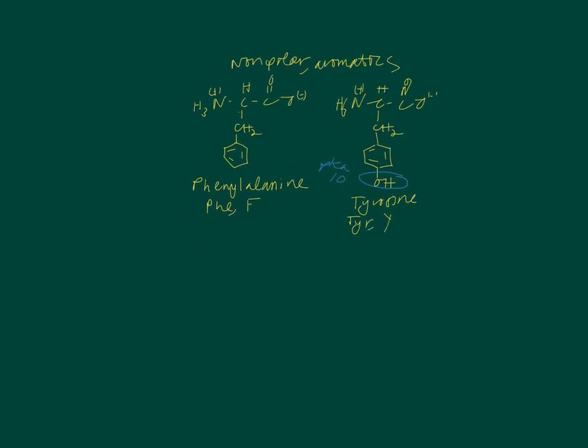Okay, and then the third nonpolar aromatic is probably one of the hardest amino acids to draw. So start with your CH2, and then this is a bicyclic ring. One of them is 5-membered with a nitrogen at the center of it, connected to a 6-membered ring.